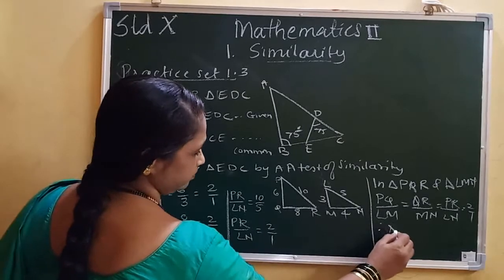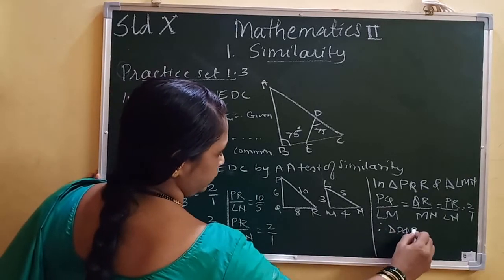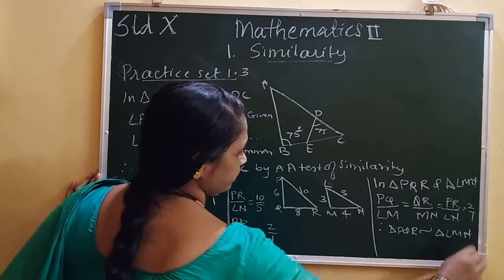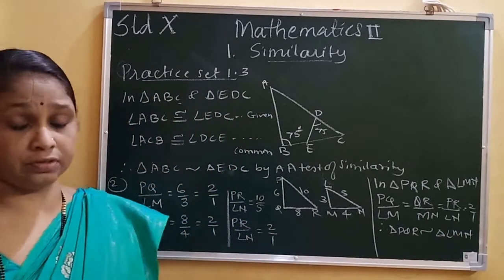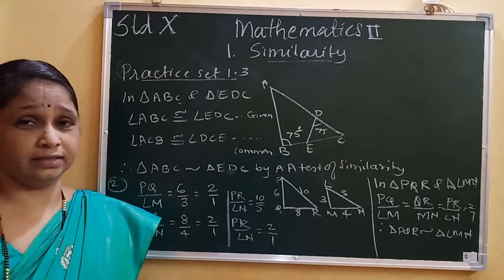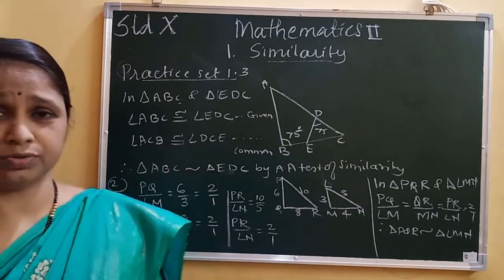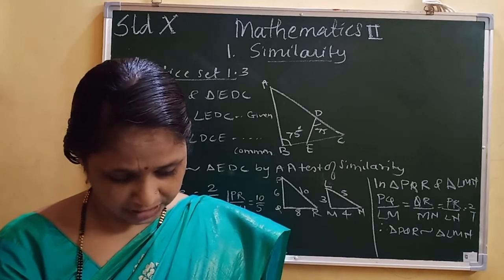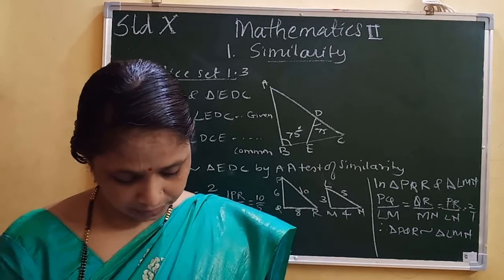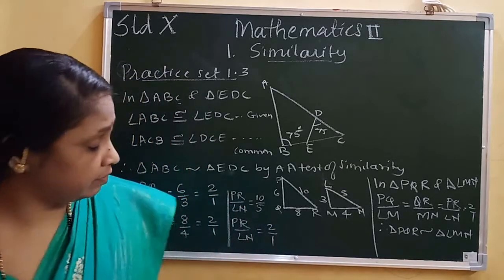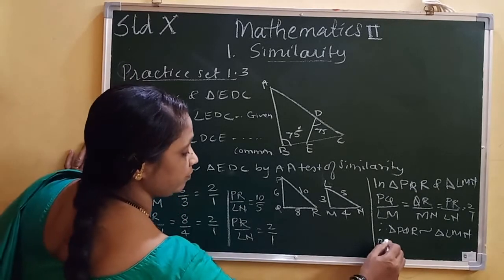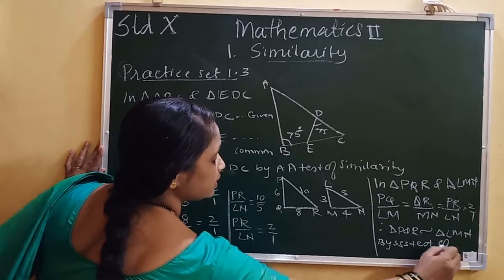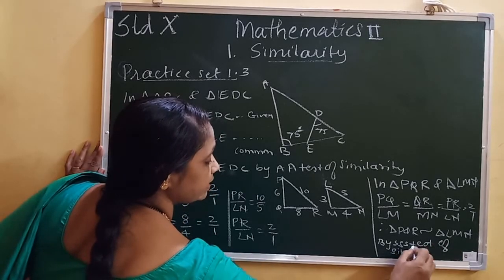Therefore, triangle PQR is similar to triangle LMN by SSS test of similarity.